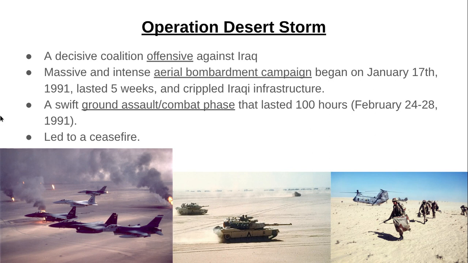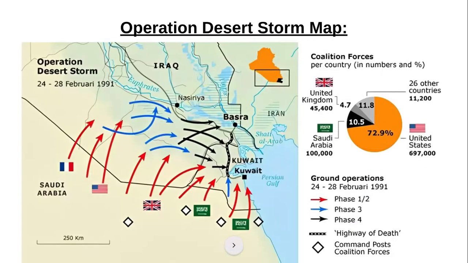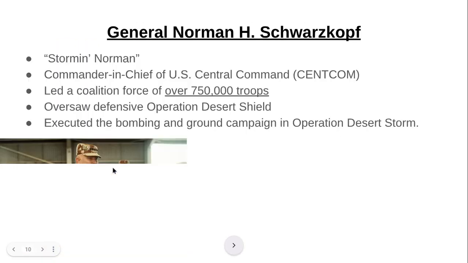And this operation led to a ceasefire and the end of the Gulf War. Here's some of the imagery of this event. See all the forces, the different countries, the numbers, and you can see this left hook that occurs. That is what leads to the Iraqi retreat.